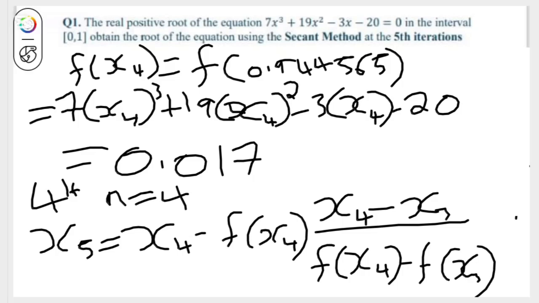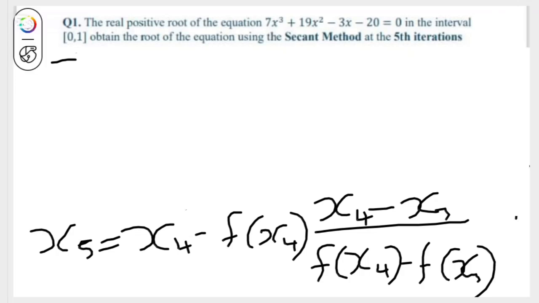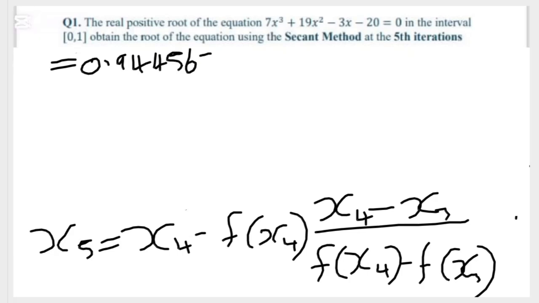So now I'm going to substitute. At the end this will be equal to x of 4, which is what we found, 0.944565, and I'm going to subtract the function, which is 0.0117.